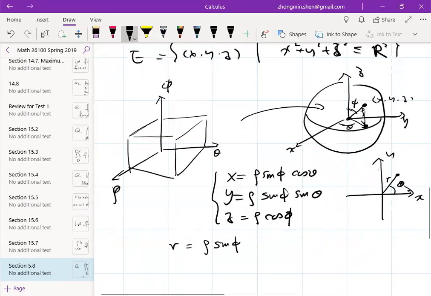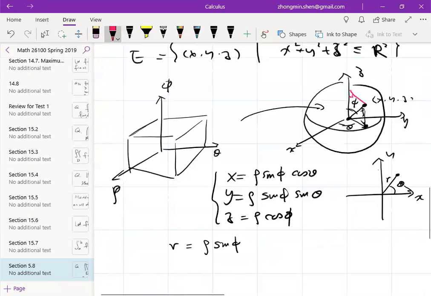How do I see that? r is rho times sine phi because it's in three-dimensional space. You take the sine value, sine phi times the hypotenuse, the other side of the right triangle, and you can measure the length of this red line.